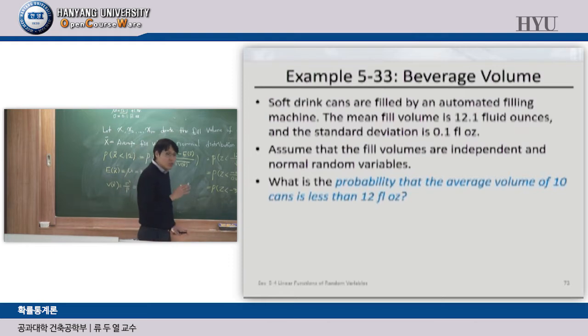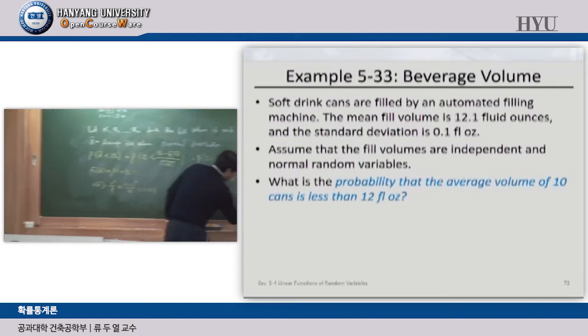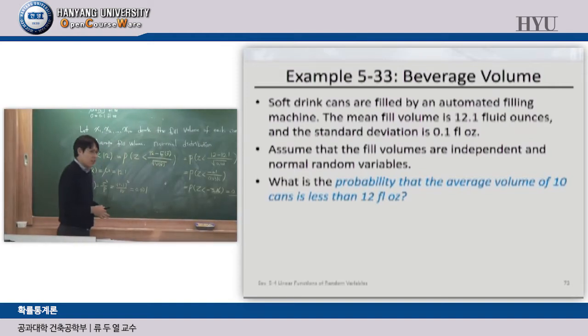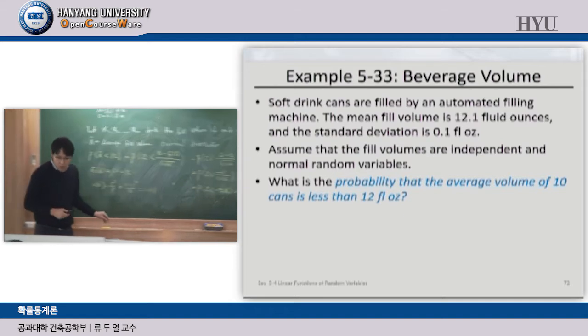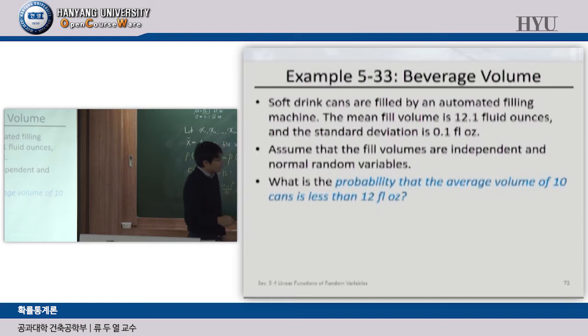If we use the appendix table, you can simply obtain the answer, that is 0.00079. So the answer of this example 5-33 is 0.00079. Okay? So now we can solve example 5-33.